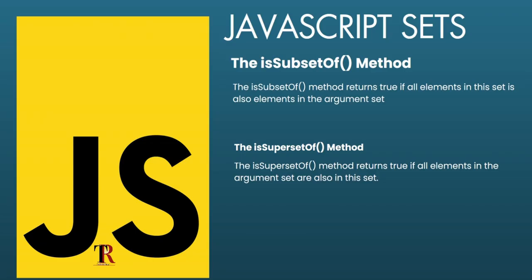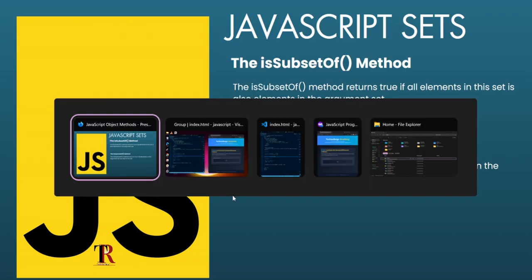That is what the isSubsetOf method does in JavaScript. And we have the isSupersetOf method. The isSupersetOf method returns true if all elements in the argument set are also in this set. Let's quickly take a look at an example of that in our code editor.